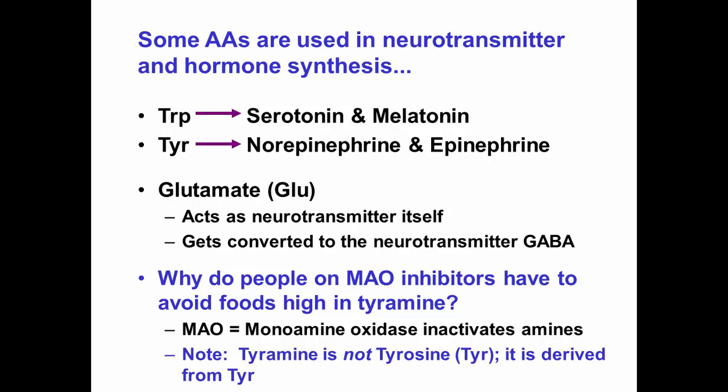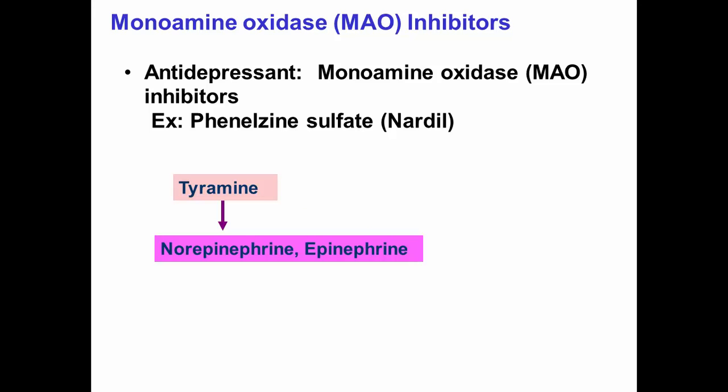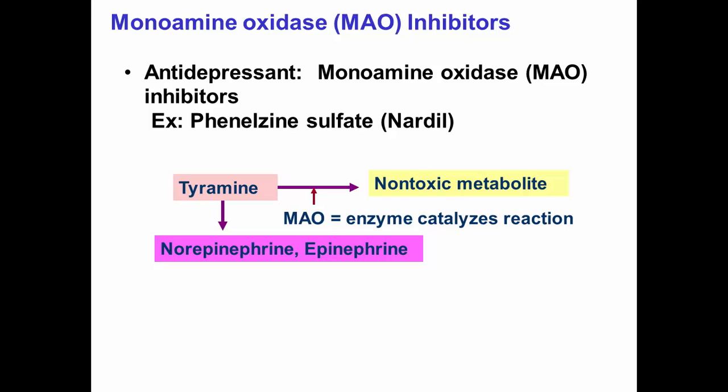I'm so impressed. Okay. So just point out that tyramine is not tyrosine. It is derived from tyrosine. So it is an amino acid derivative when we're talking about tyramine. And I think I have a slide here that kind of gives this to us. So normally monoamine oxidases will break down tyramine.